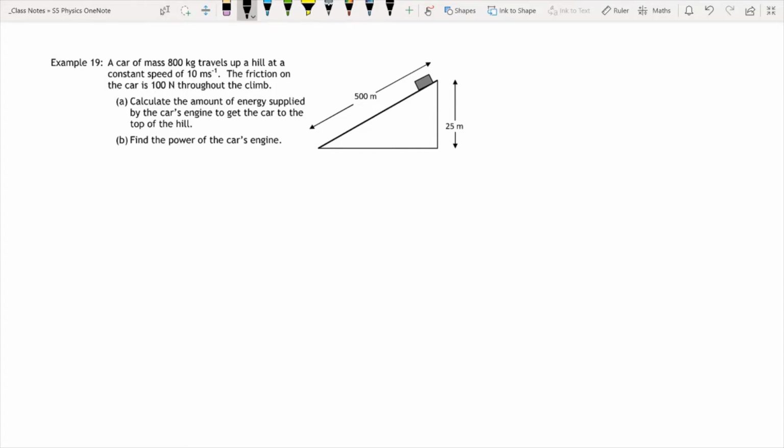The engine is going to have to supply the potential energy required to climb the hill, but it's also going to have to supply energy to overcome the frictional force. So the total energy supplied is going to be the potential energy to take it up the hill plus the work done against friction.